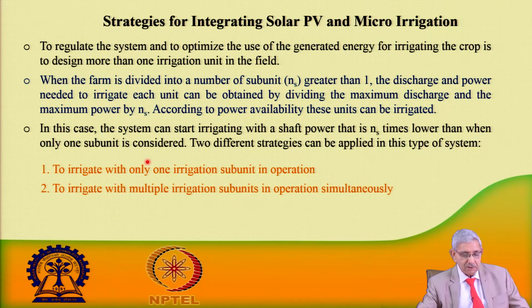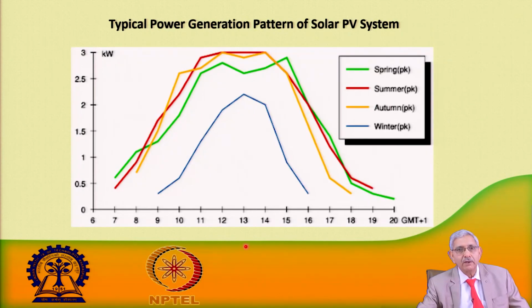In this case, the system can start irrigating with lower shaft power and at a lower time than when only one subunit is considered. Two different strategies can be utilized: one strategy is to irrigate with only one irrigation subunit in operation, or to irrigate with multiple irrigation subunits operated simultaneously.